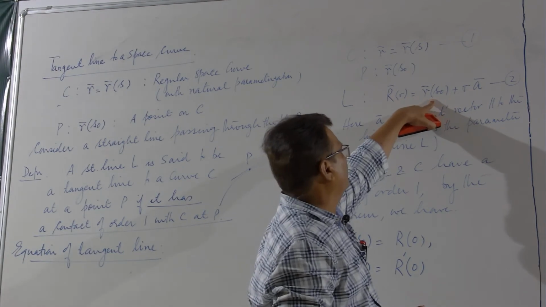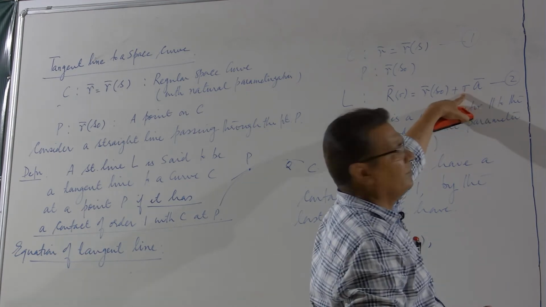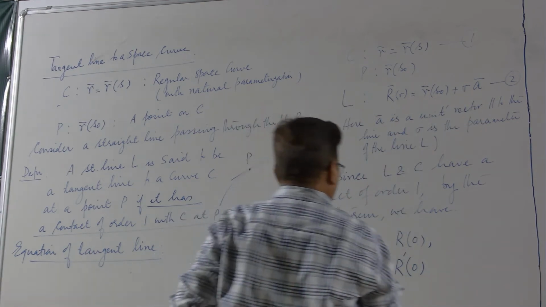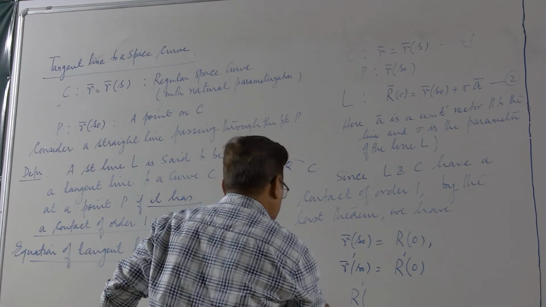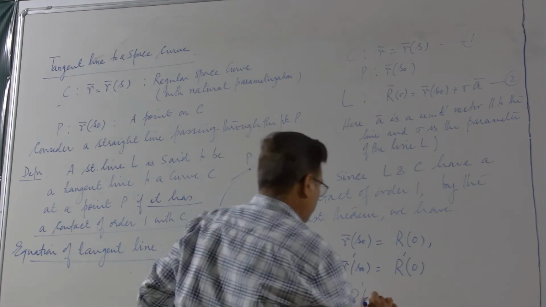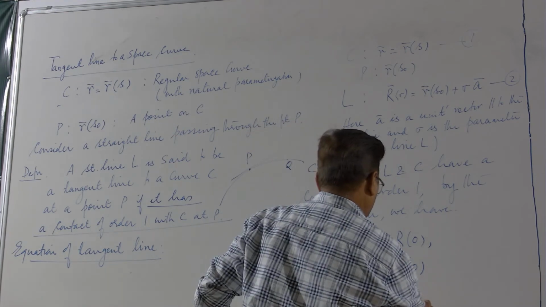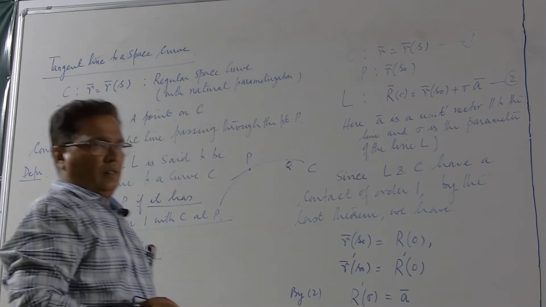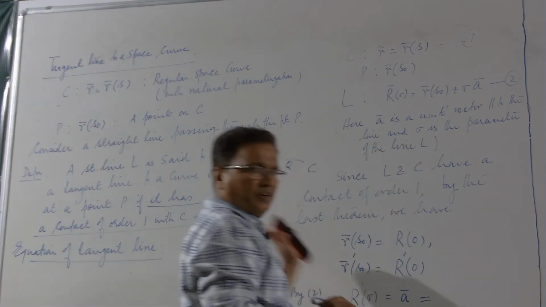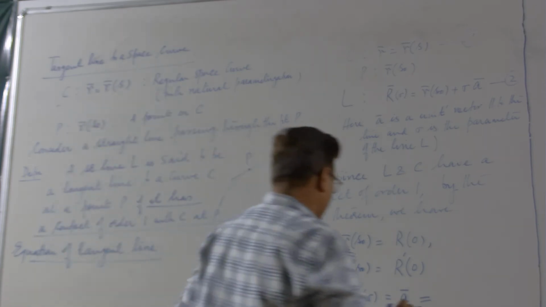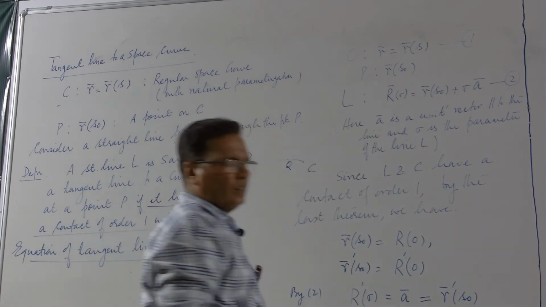So, the derivative of the first term on the right side will be 0, and this is also a constant vector, so it will only be A. So, R'(sigma) from equation 2 is equal to 0 plus A. And according to the last theorem, this must be the same as r'(s0).